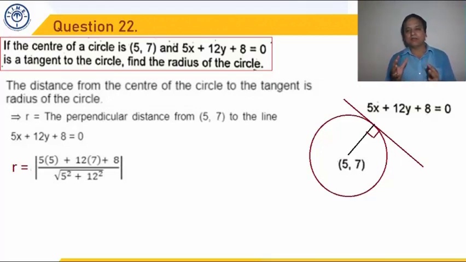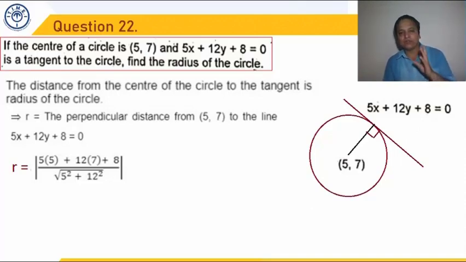How do we calculate perpendicular distance? We divide the equation by under root of coefficient of x square plus coefficient of y square and substitute the point (5, 7) in the equation of the line. The coefficient of x is 5 and the coefficient of y is 12, so under root of 5 square plus 12 square, that is 25 plus 144, becomes 169 inside the square root. So 13 comes in the denominator.